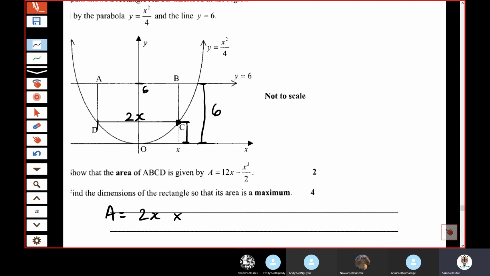Differentiate? No, not differentiate. Differentiating, you find stationary points or gradients. How do you usually find y?